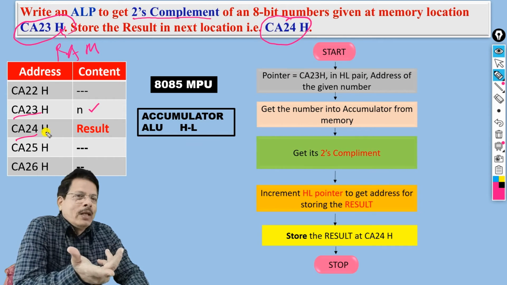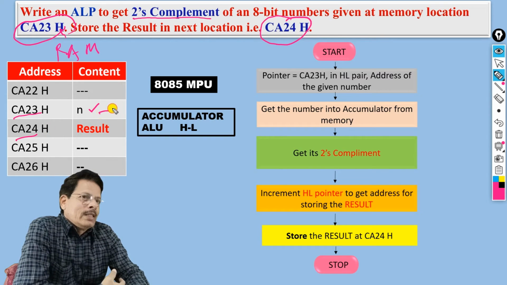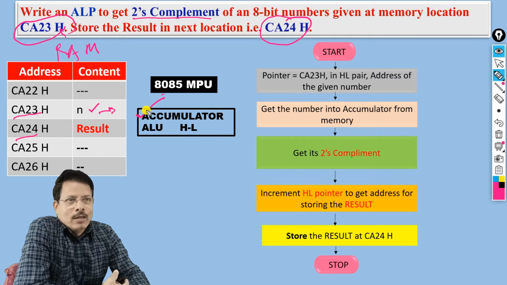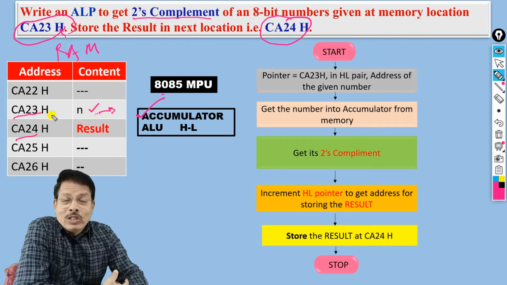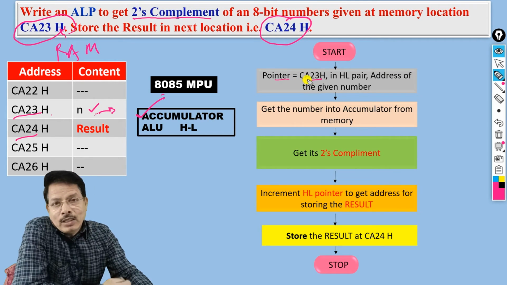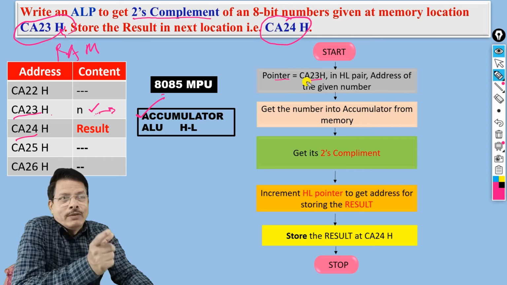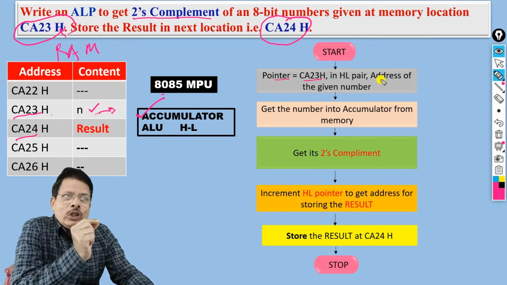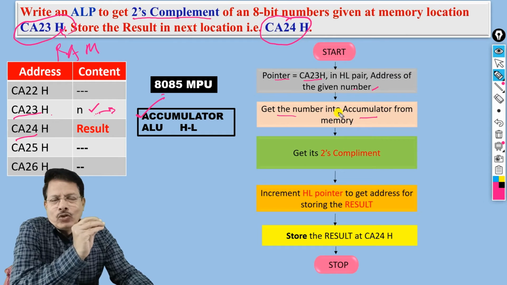So naturally, what we have to do is get this number into the accumulator. Of course, for accessing this number we will have to initialize the pointer, so the first task should be pointer equal to CA23. Why CA23? Because the number is given there, so we initialize the pointer with the address of the given number. The next step is to get the number into the accumulator, because in order to process it, the number should be in the accumulator.